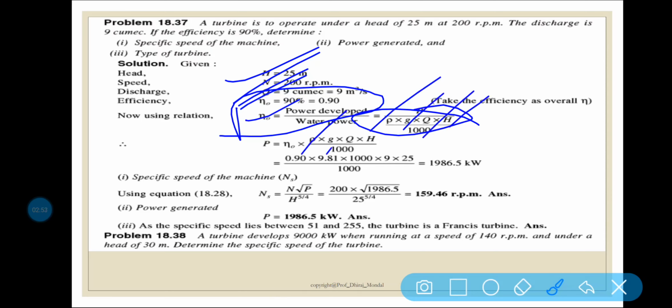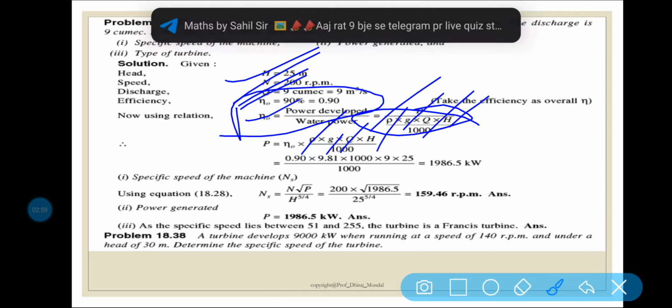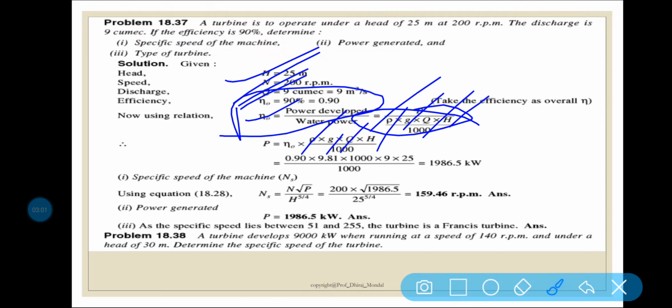Rho you know is 1000, g is 9.81, discharge is given as 9 meter cube per second, and H is 25. Clear? So the power is 1986.5 kilowatt. I think it is clear.